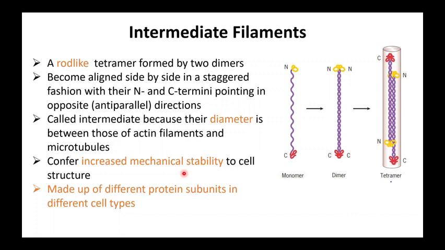That makes sense. Now they are made up of different protein subunits in different cells. If you know this cell type will have this kind of intermediate filament, then if any problem of that particular cell arises, and you see that protein, you know that this pathology is coming from the origin of the cell from the skin.